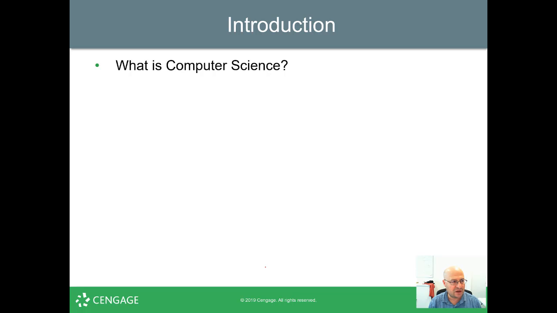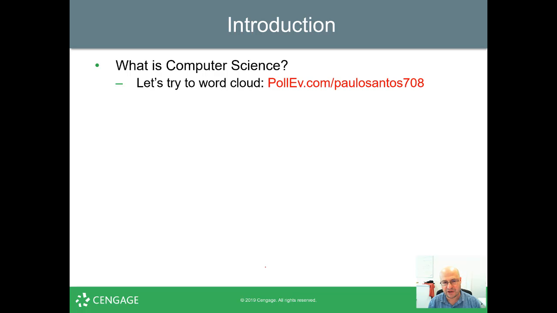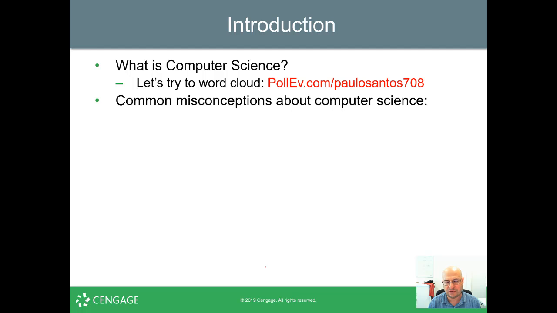Introduction. So what is computer science? Well, if we were face to face, I would ask you to do this word count, but as we are not face to face, and this is a recorded lecture, I'll just point to a few misconceptions of what people think computer science is. So they think that computer science is the study of computers.